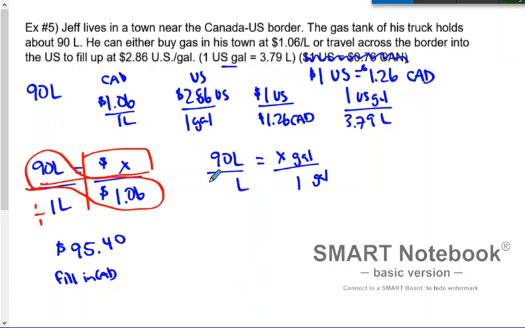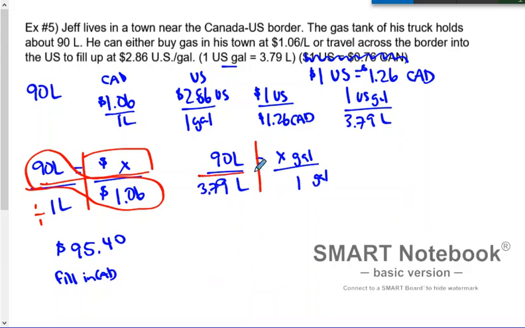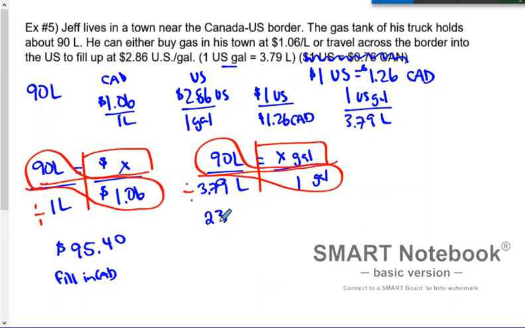So 1 gallon is 3.79 liters, right? So looking for this, we'll be dividing by that, multiplying the other two, so 90 times 1 divided by 3.79. And you end up getting 23.7467, so on and so forth, gallons.